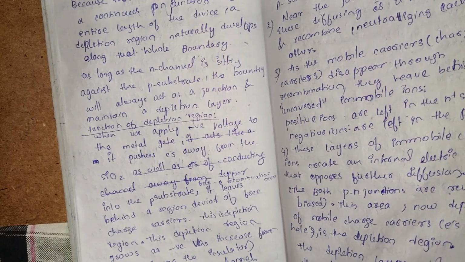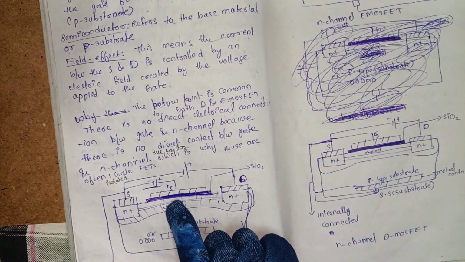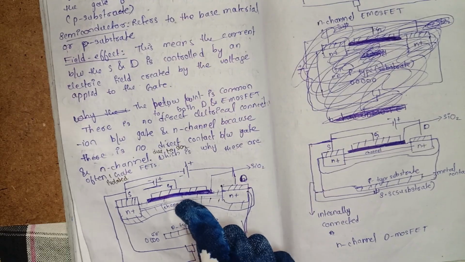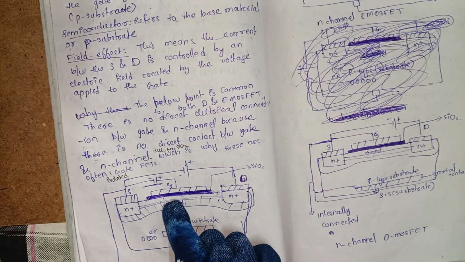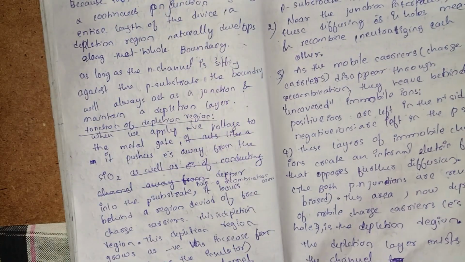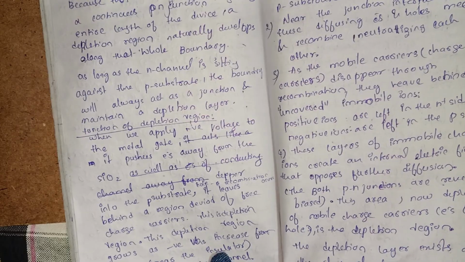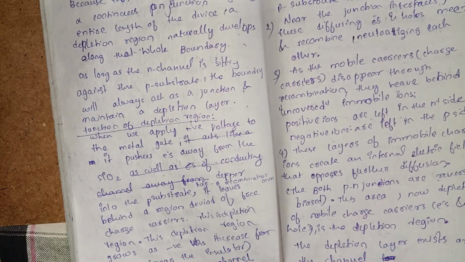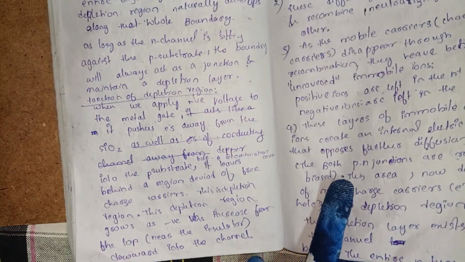It leaves behind a region devoid of free charges, the region where electrons are not present above the channel. This depletion region grows as the negative voltage increases, from the top near the insulator down into the channel.